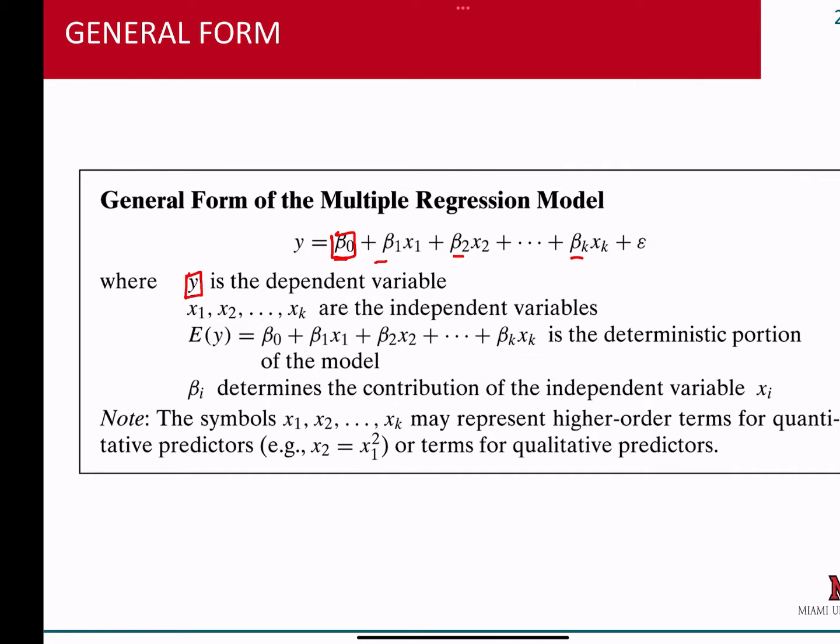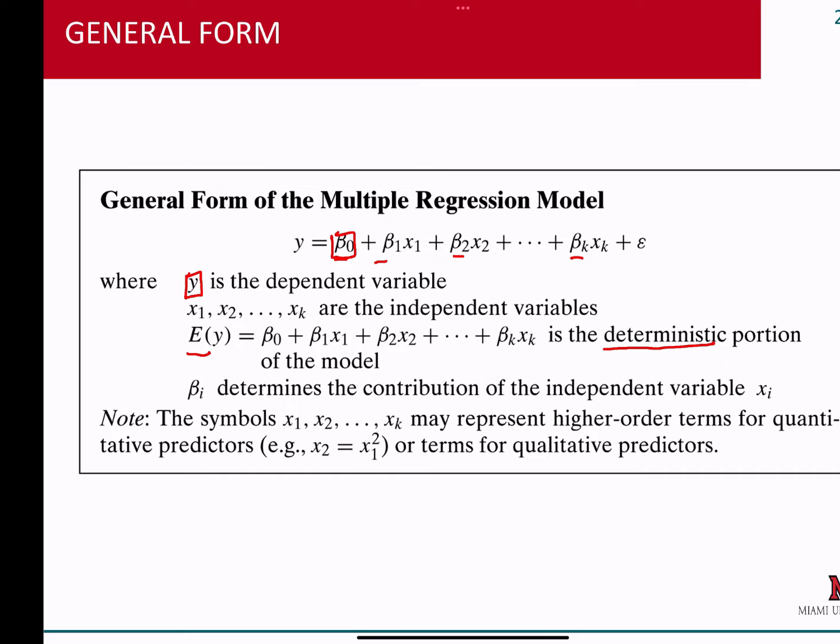We're generally interested in estimating the expected value of y, which is the average value of y given the values of the x variables. This is called the deterministic portion because the average doesn't contain the error term.